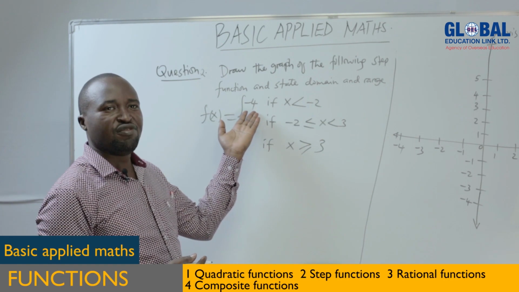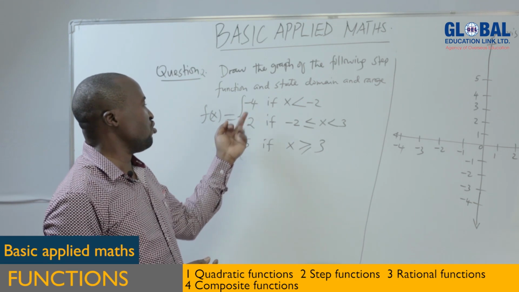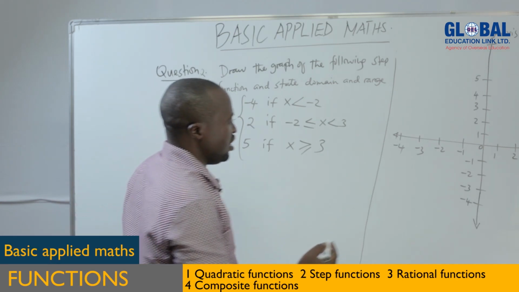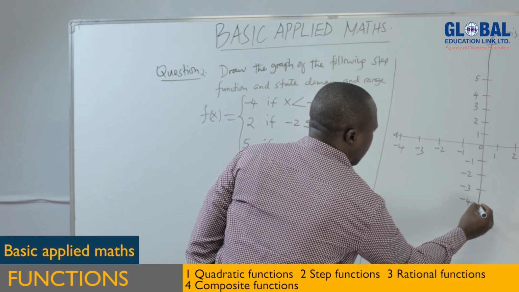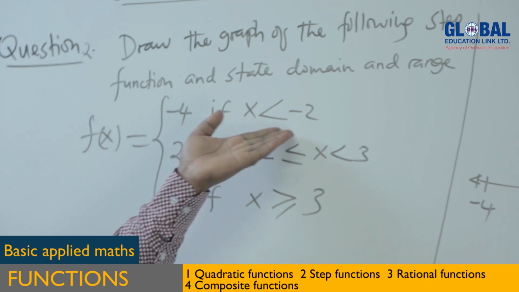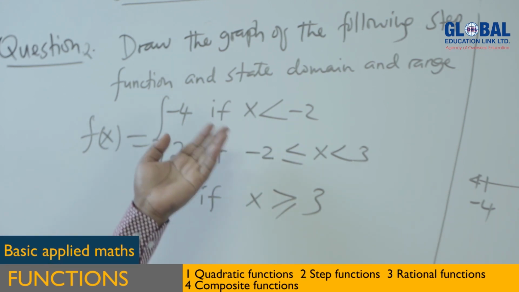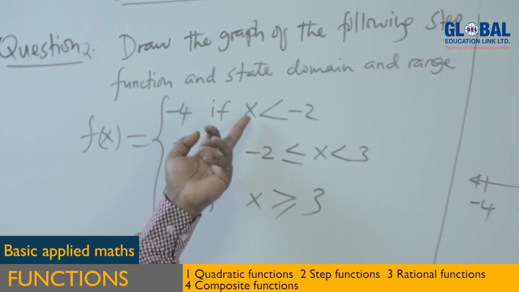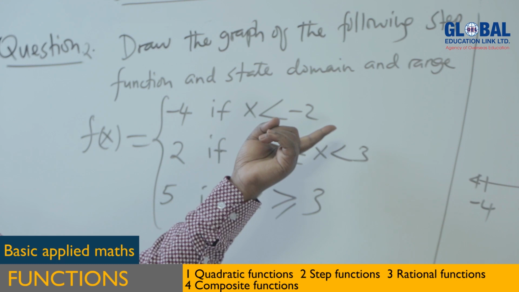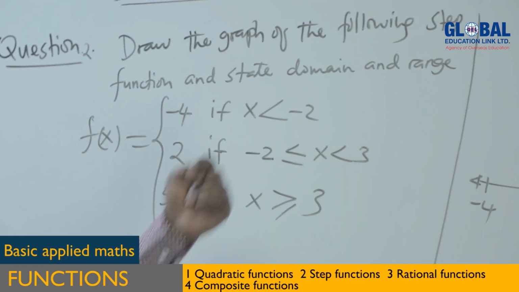Now starting with -4, this is a y value. So where is -4 in our x and y axis? Here we have -4, it is this one. For the case of x values, we have a condition which says x is less than -2. So where is the -2 for x?